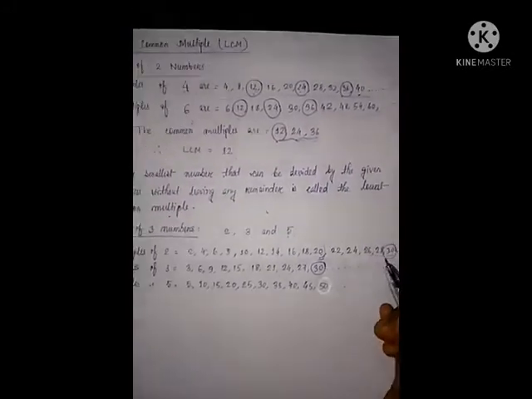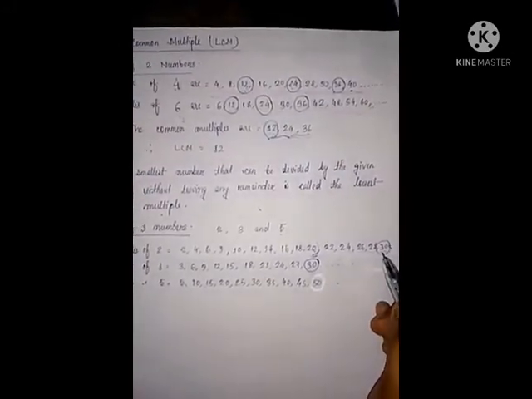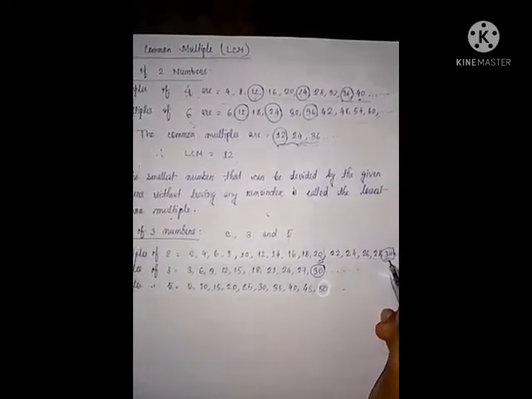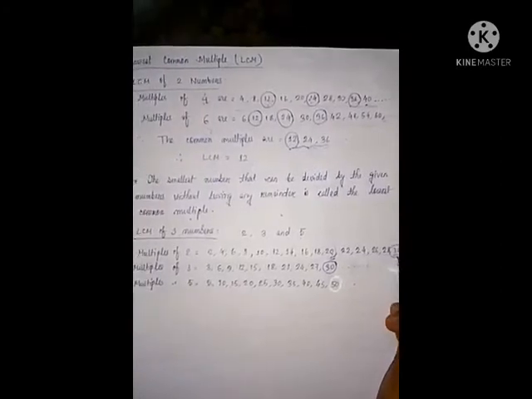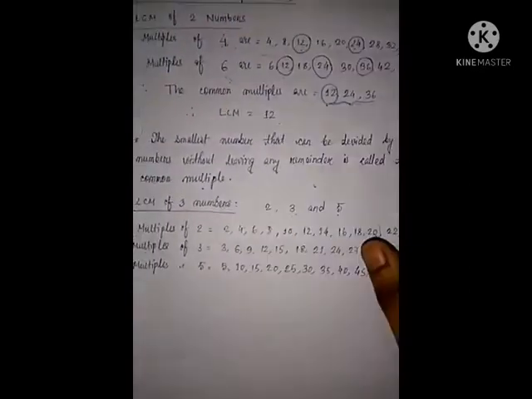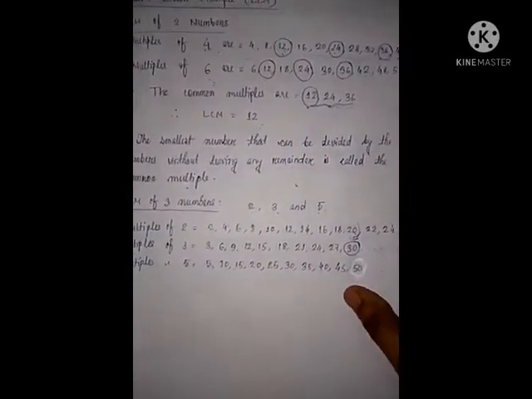So I have written multiples up to the 15th. 2 15s are 30. So after writing the multiples, we will check which number is common in all the 3 numbers.